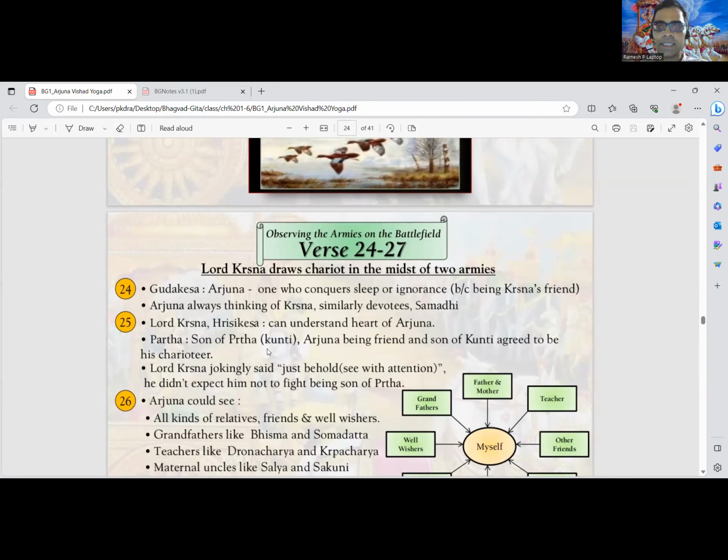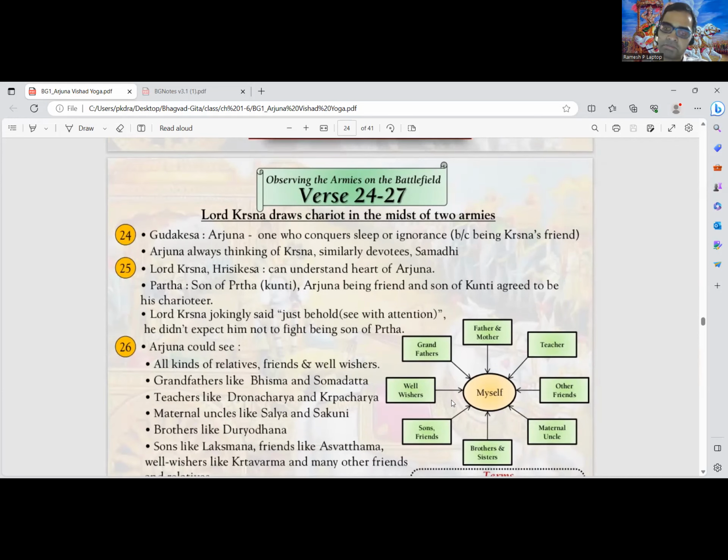Now the chariot is in the midst of the fight, where both the opponents are present. Arjuna sees from the chariot, on the opponent side, all his relatives. He could see his grandfathers, teachers, well-wishers, maternal uncles, brothers, sons, grandsons, everyone present on the field.